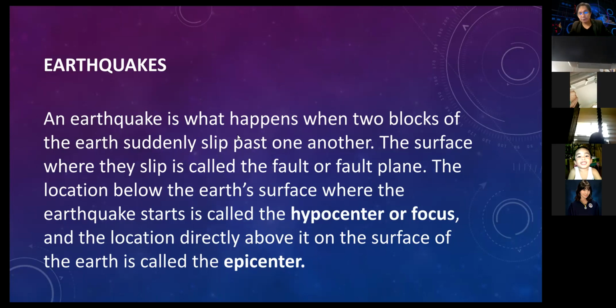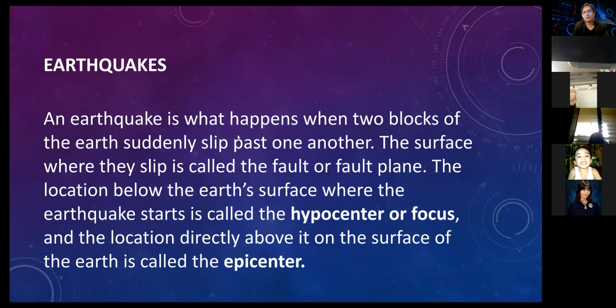To have tensional forces underneath the crust. This enables also to create what? Faults. This is the reason why we have a lot of faults, and this is also the reason why we have a lot of earthquakes, right?